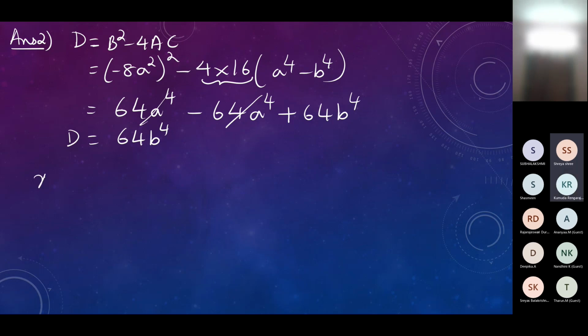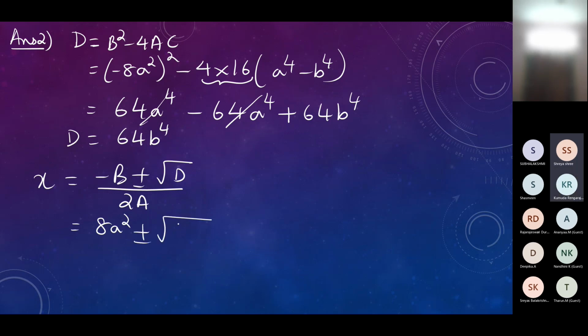Now let's find the values of x. x is equal to (-b ± √D) over 2a. So minus b will be minus of minus 8a², so it's 8a² plus or minus root of 64b⁴ over 2a. So 2a is 2 into 16, 32.